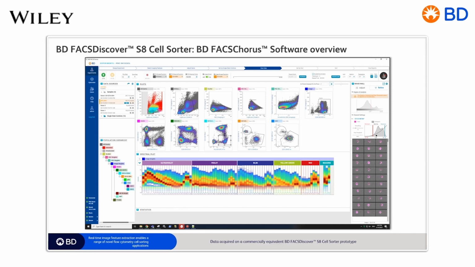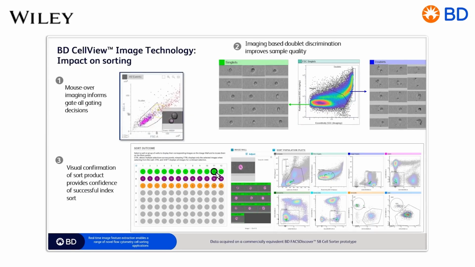So as just a sorter, if you don't think about the imaging in terms of how it impacts what applications you can do, how does the imaging just help as far as a sort utility, for instance? So the one thing that I always come back to is the mouse over aspect of it.